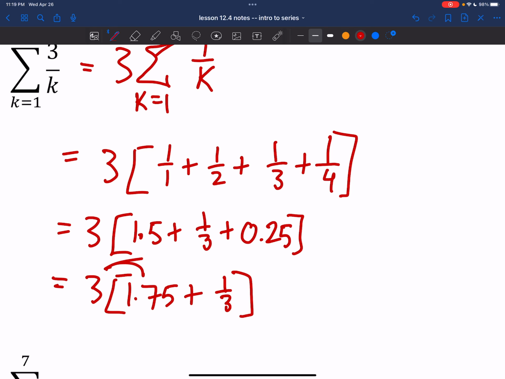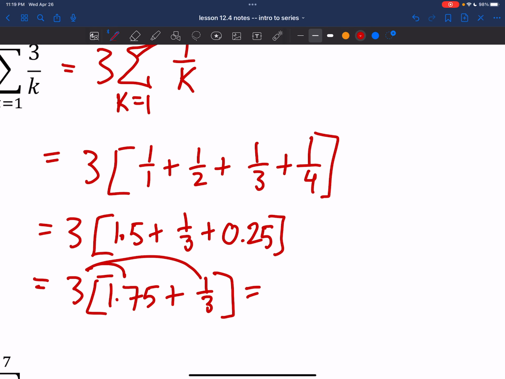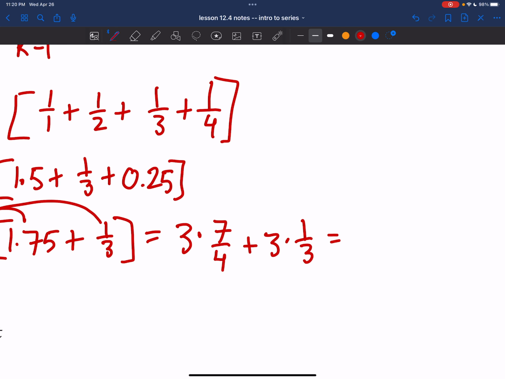And then if I distribute that in, that's 3 times 1.75, 8/4 is 2, so that's 7/4 plus 3 times 1/3. So now that's 21 over 4 plus 1, which equals 25 over 4.